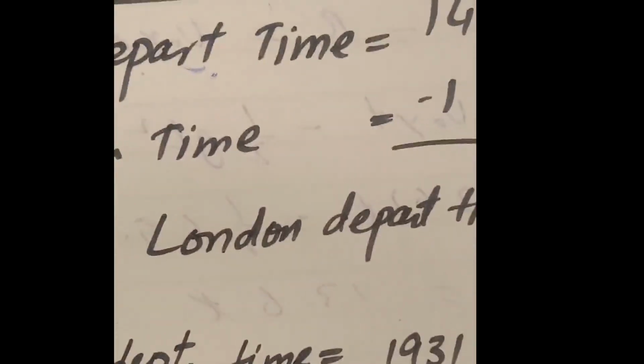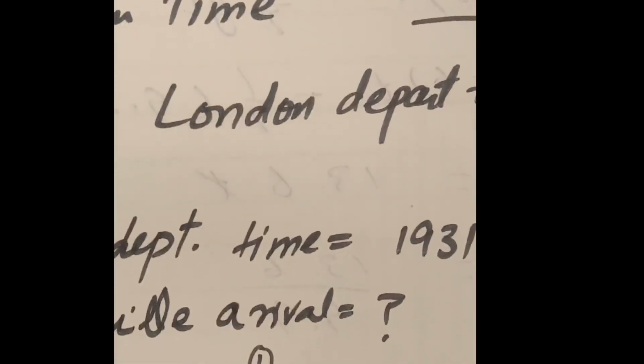We have to find the arrival time in Marseille. So arrival time will be equal to departure time plus travel time. So 3 hours 30 minutes will be added to 1931.